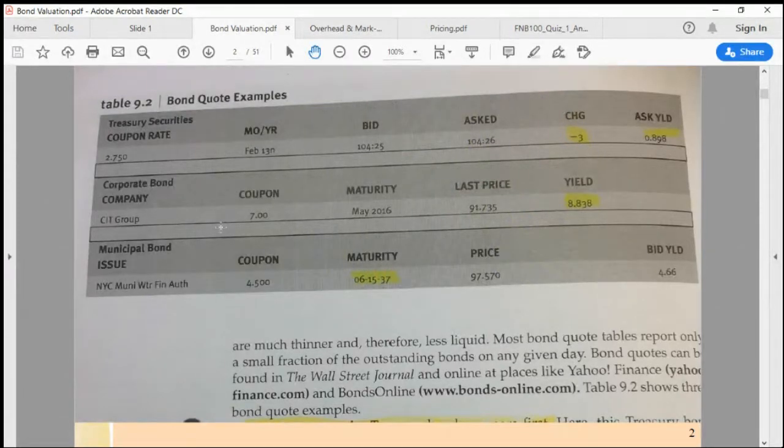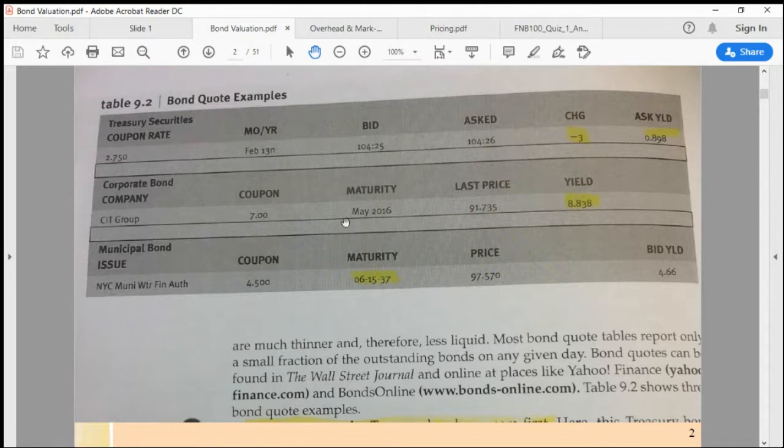But anyway, you understand the reasoning behind this. The lower the credit rating, the higher the default risk, right? So they will have to pay a higher premium, or higher coupon interest, to compensate for that risk.